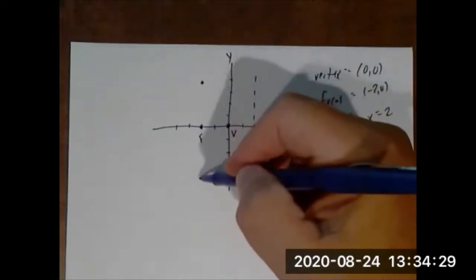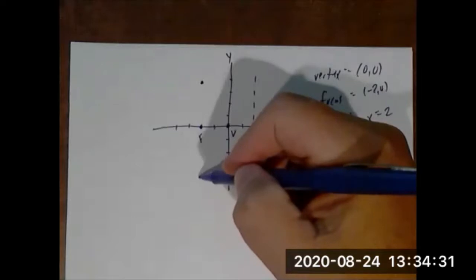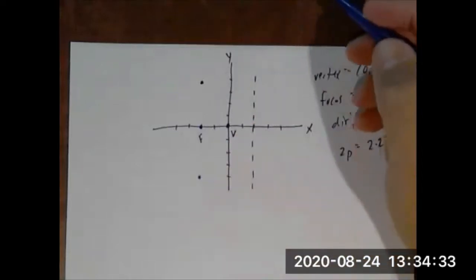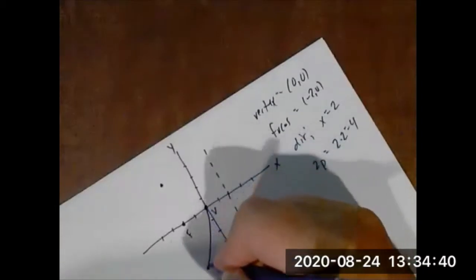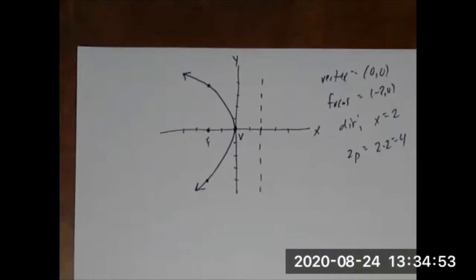And if I move down 4, that's another point on my parabola. And now I'm able to graph, or at least make a rough sketch of this parabola. So there we go.